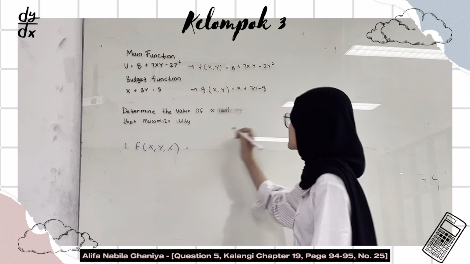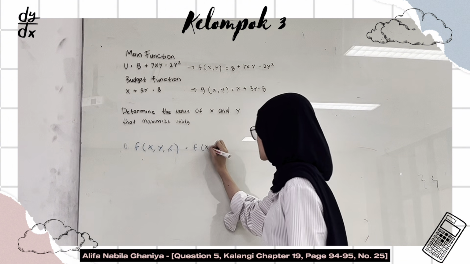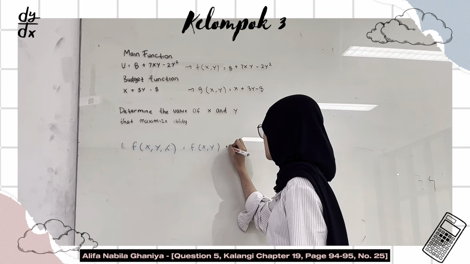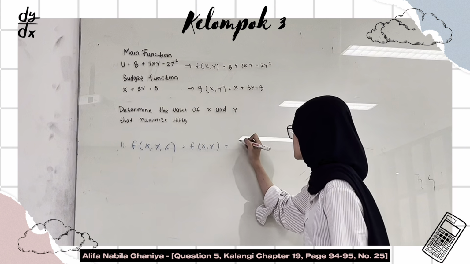The formula is f(x, y) plus lambda multiplied by g(x, y). Next, substitute the function that we know before.